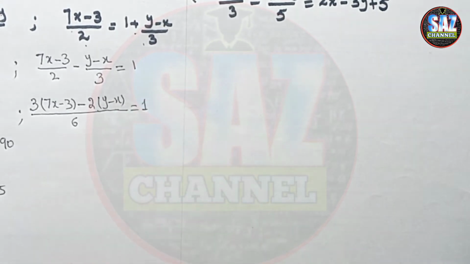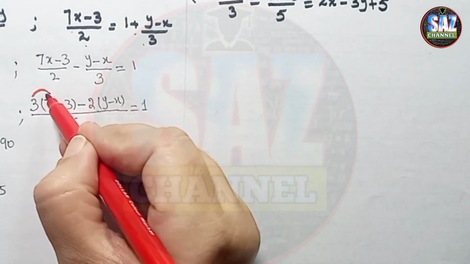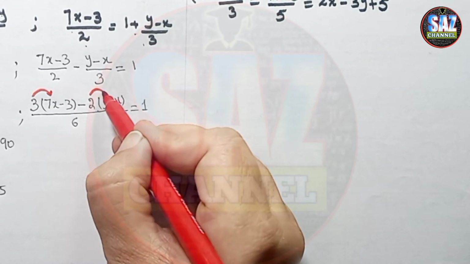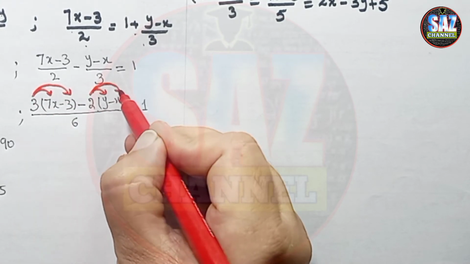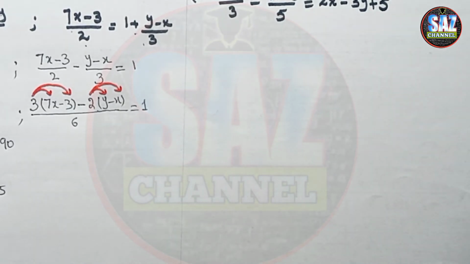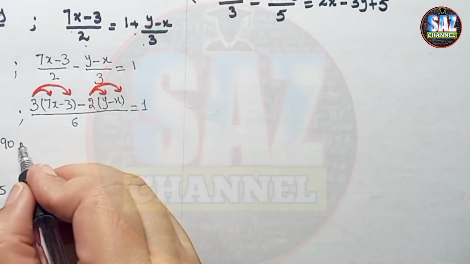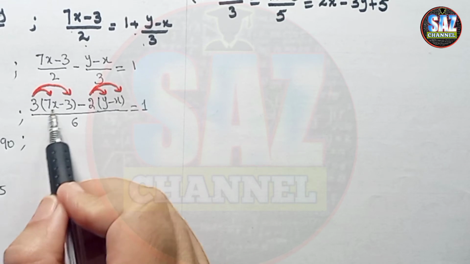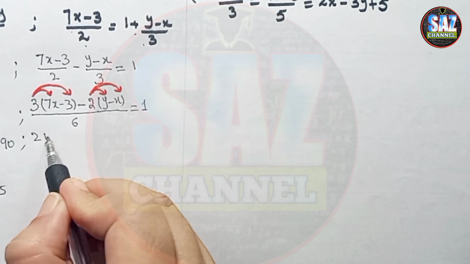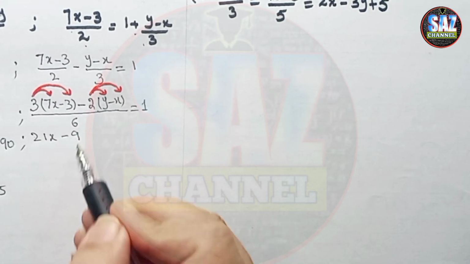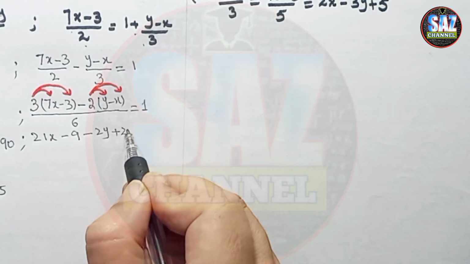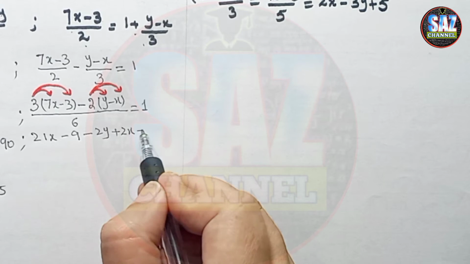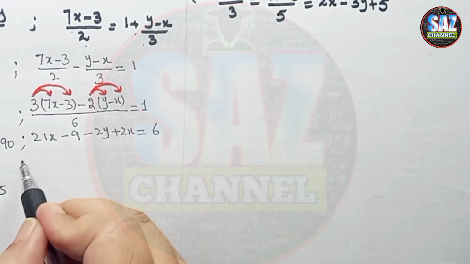And now again apply the distributive property, multiplying this number carefully with every term inside the bracket. 7 threes are 21x, minus 9, minus 2y, plus 2x, equals 6 multiplied by 1, which is 6.